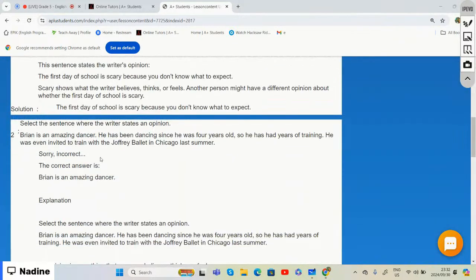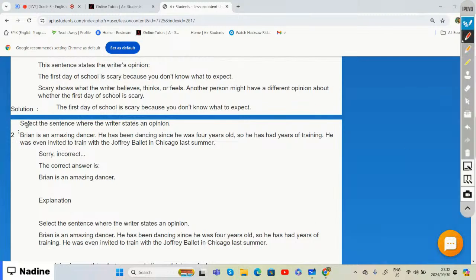All right. If we look at the next sentence, we need to select the sentence where the writer states an opinion. It says Brian is an amazing dancer.